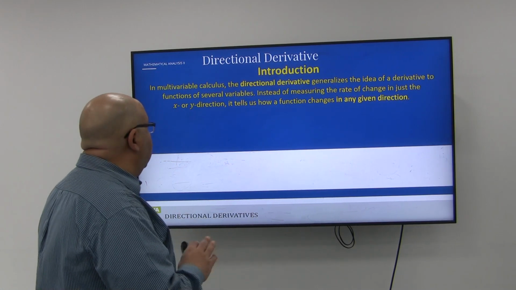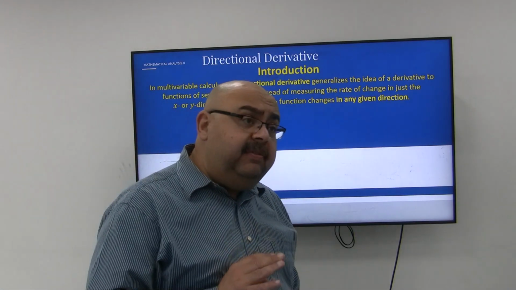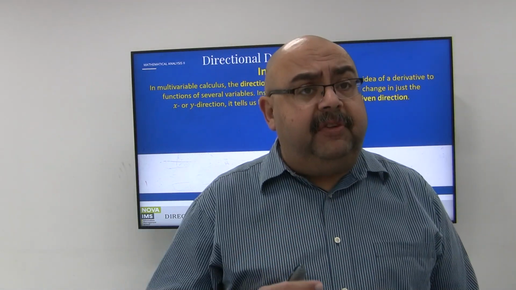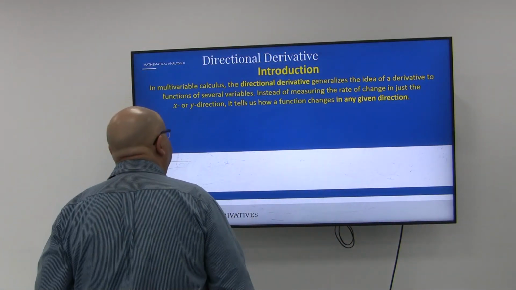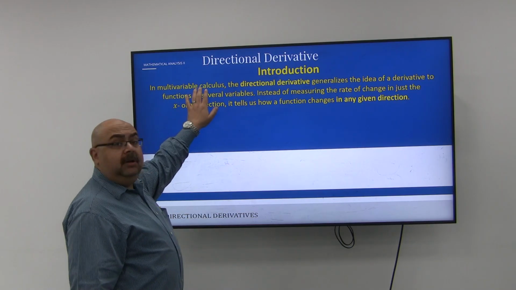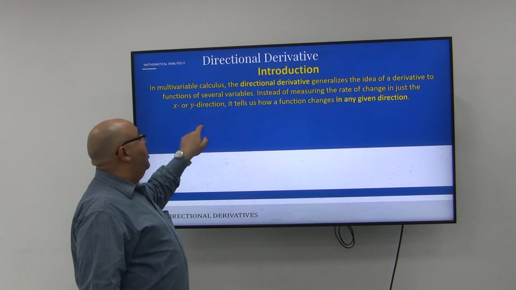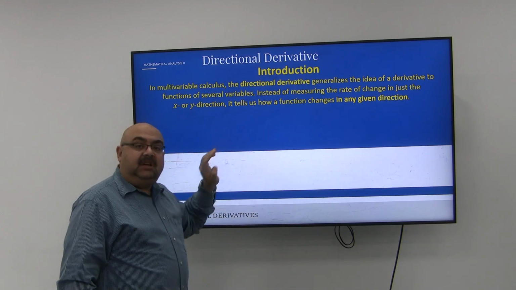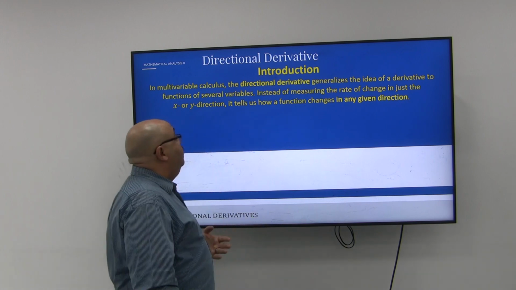I will start, although we took the directional derivative in the previous session, but I would like to refresh your information about it. As I was telling you before we start recording, in multivariable calculus, Omar, what's multivariable calculus? It is the case of Rn into R. It is the case of handling more than two variables.